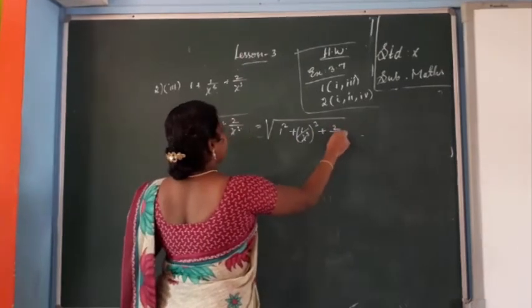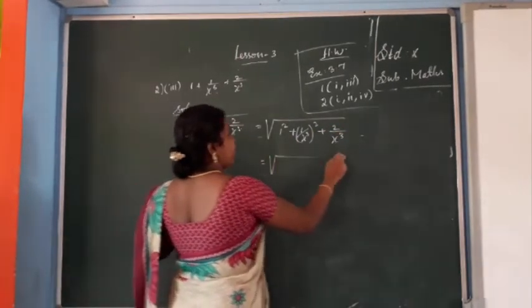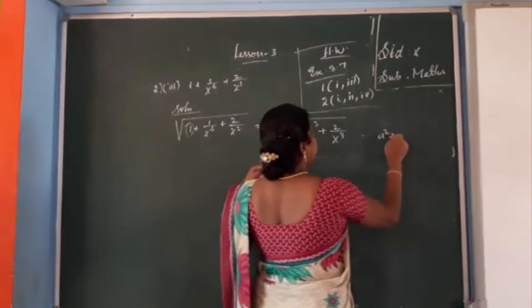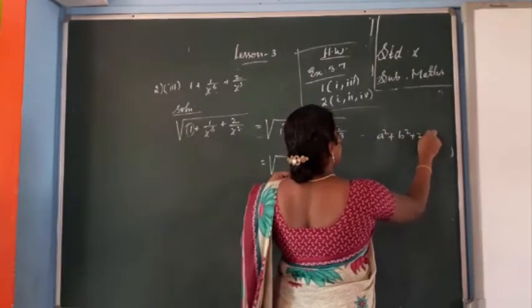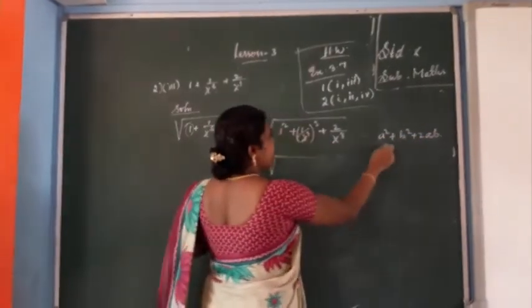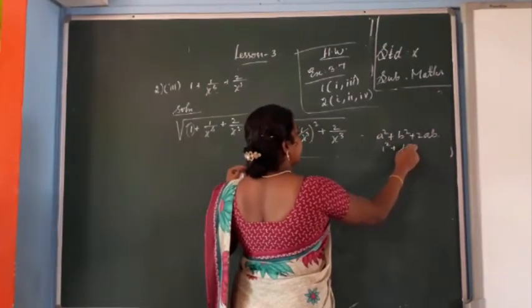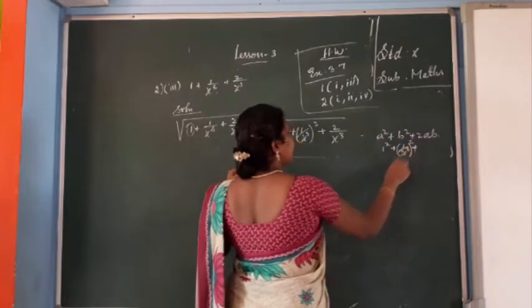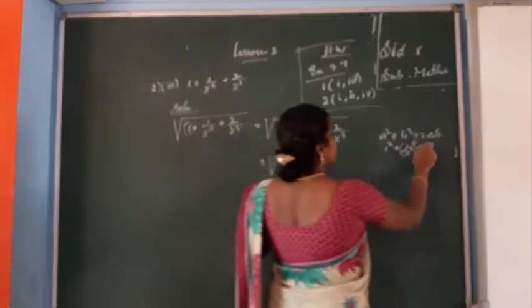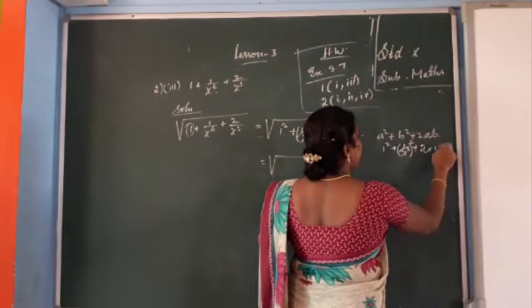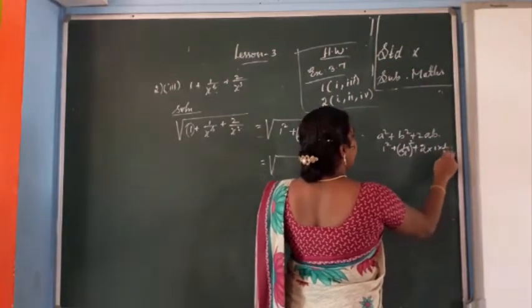Now it is in the form of a square plus b square plus 2ab. You see, a square that is 1 square, plus b square that is 1 by x cube the whole square. Then 2ab means 2 into 1 into 1 by x power 3.